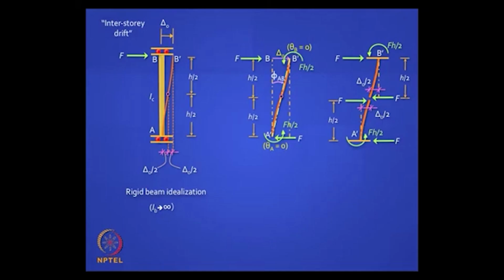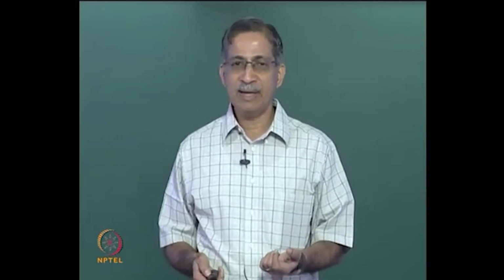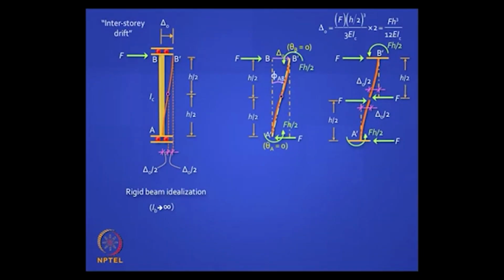Now the total interstory drift delta naught is going to be shared by the top half and the lower half, so that value is delta naught by 2, and if you take the simple moment deflection equation, you get a relationship between delta naught and F, and it turns out delta naught is Fh cubed by 12 EIC.